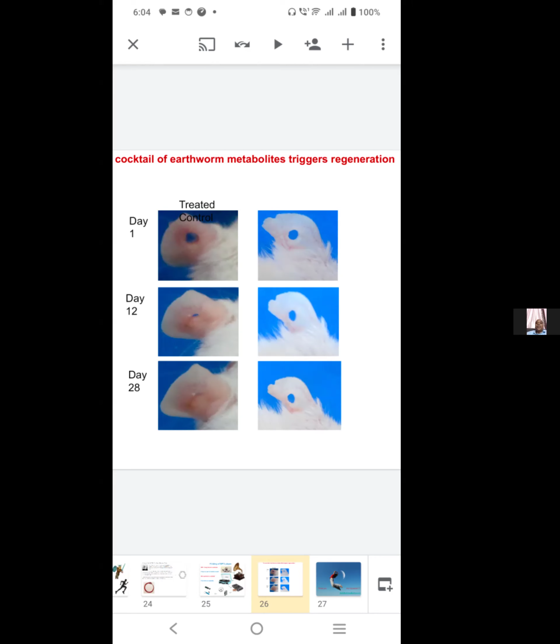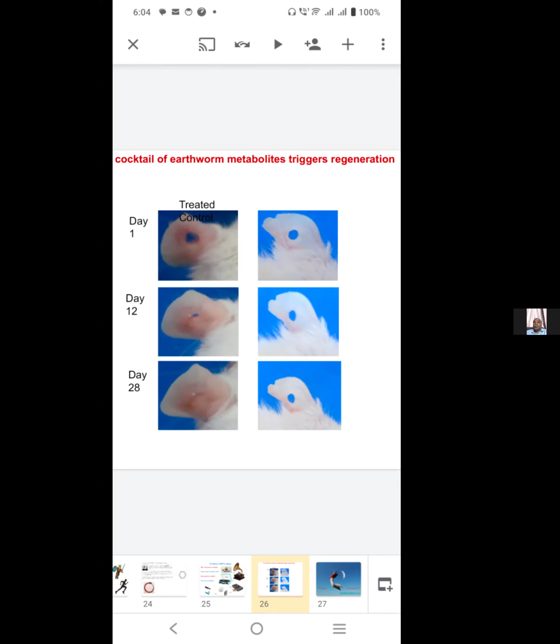The slide I'm showing here is a nice output of our research. During regeneration time, we harvest the metabolites from the earthworm. The metabolites we studied with analytical tools like mass spec, LCMS, and many other fine instruments.